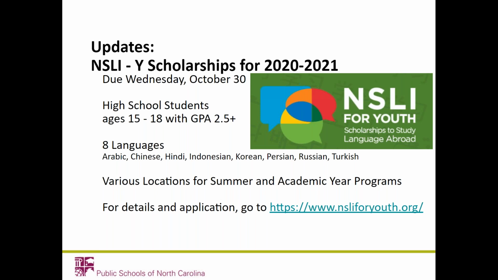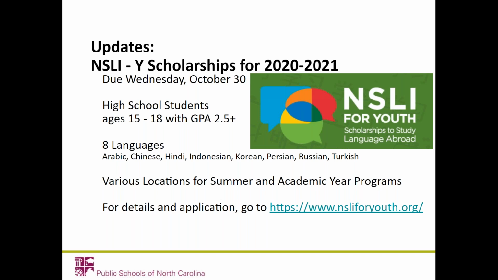You might have DLI students who have gone through another language and want to add a third language in this way. The NSLI-Y scholarships are for high school students. Students do have to be ages 15 to 18 when the program is happening, and they have to have at least a GPA of 2.5 or higher.